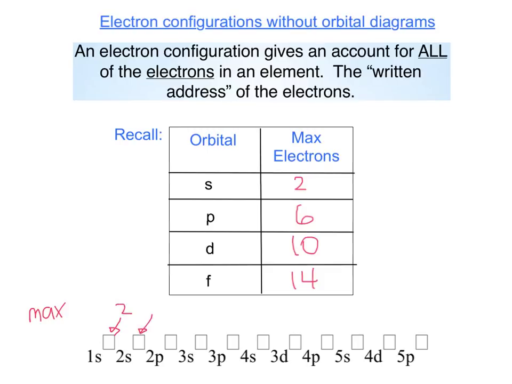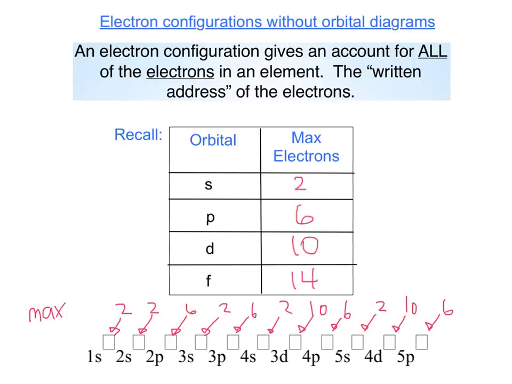Again, the maximum for this 2s is 2. P is 6, s is 2. P is 6 according to our table. S is 2. Oh, here's our first D, and this can hold 10. P can hold 6. S can hold 2. Again, here's another D. This can hold 10, and P can hold 6.